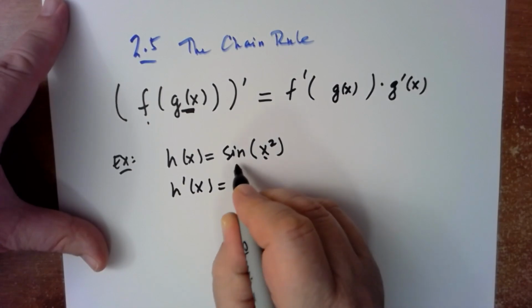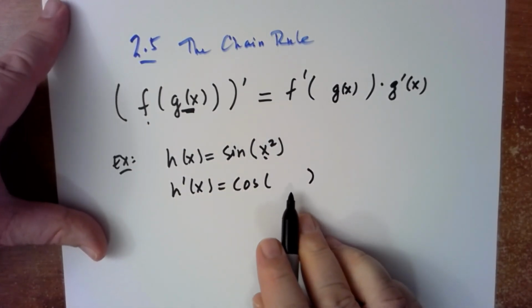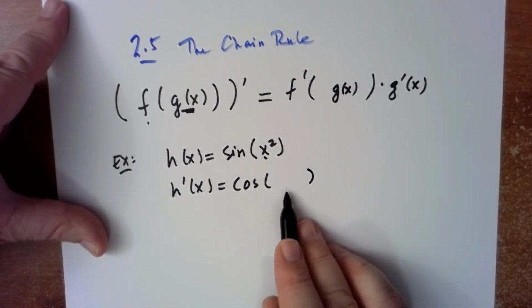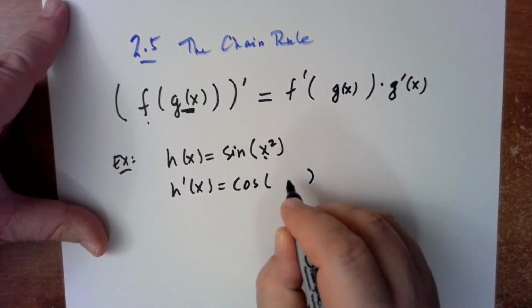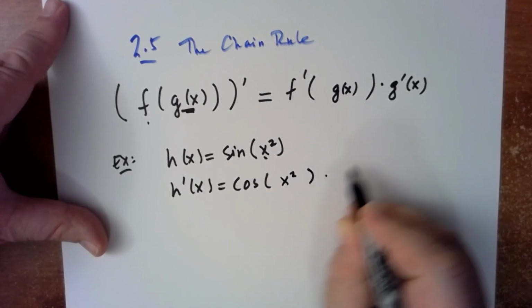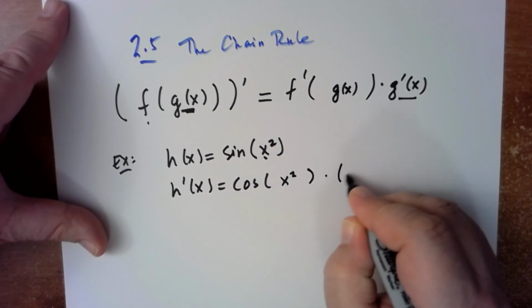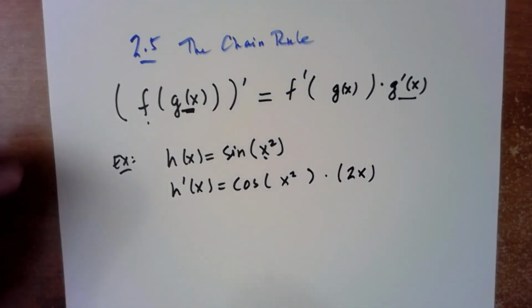So I'm going to take the derivative of sine, which is cosine, but then leave some parentheses for your inside function because you want to evaluate your derivative at your inside function, so you're going to put the x squared there, and then you multiply the whole thing times the derivative of the inside. So the derivative of our inside is 2x. Good. So that's how the rule works.